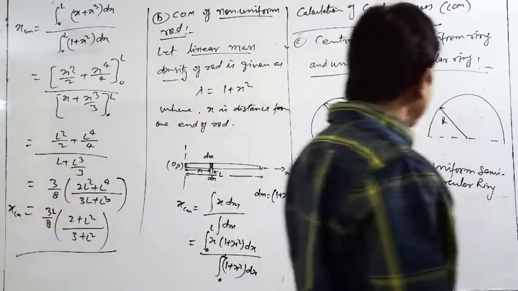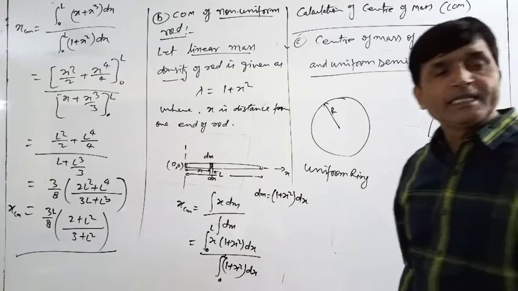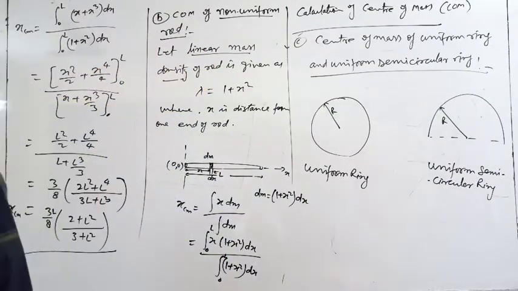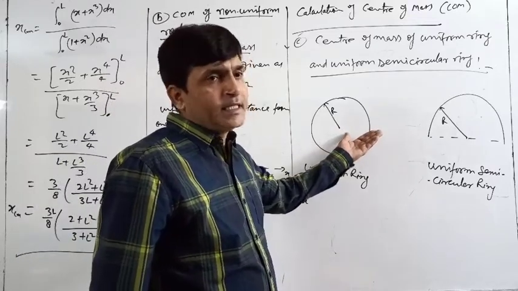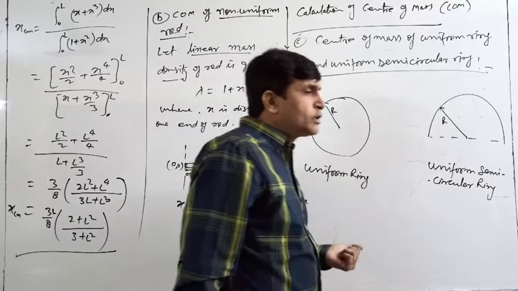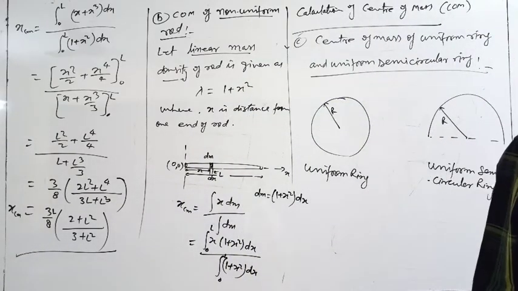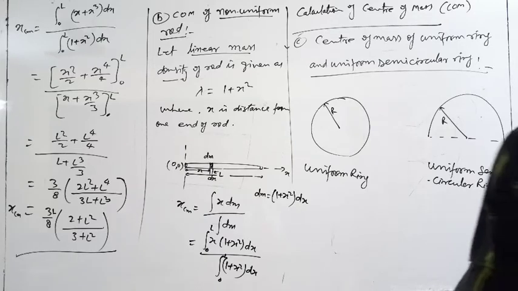Yes, in case of a uniform ring, where will be the center of mass? As I told you, at the geometrical center. So geometrical center means at its center. And I told you this is one way. Another way I told you, if you are able to make two or more symmetrical lines, then the center of mass will be at their point of intersection.